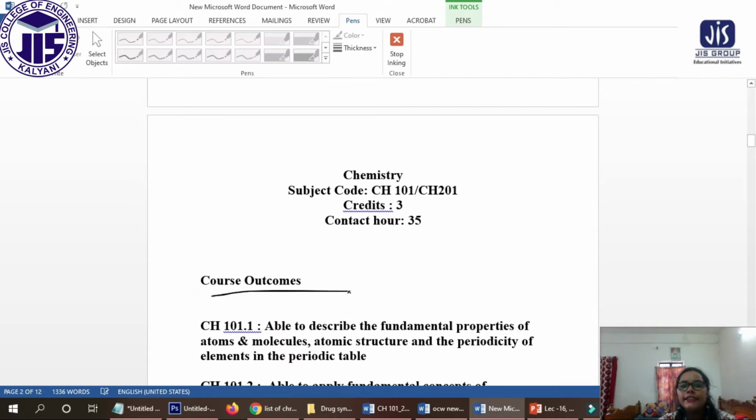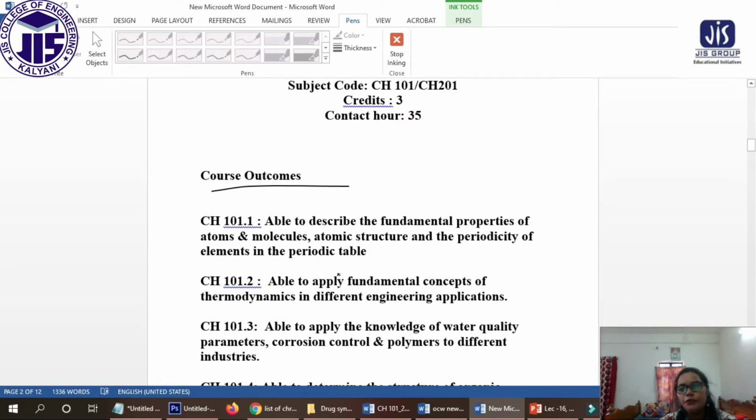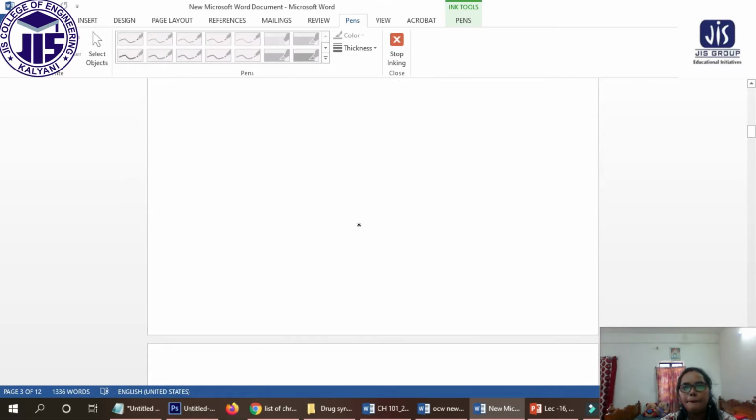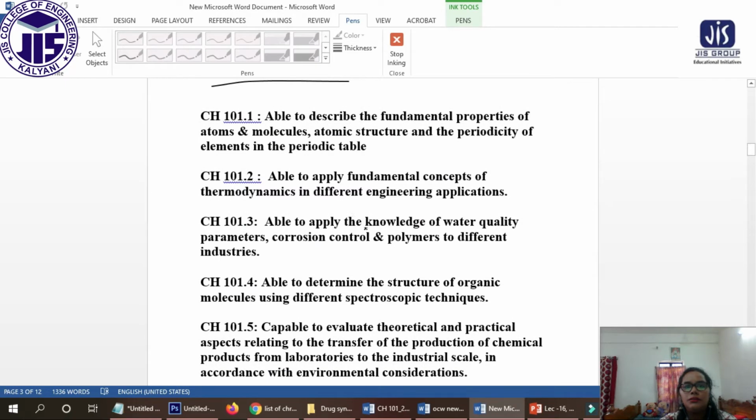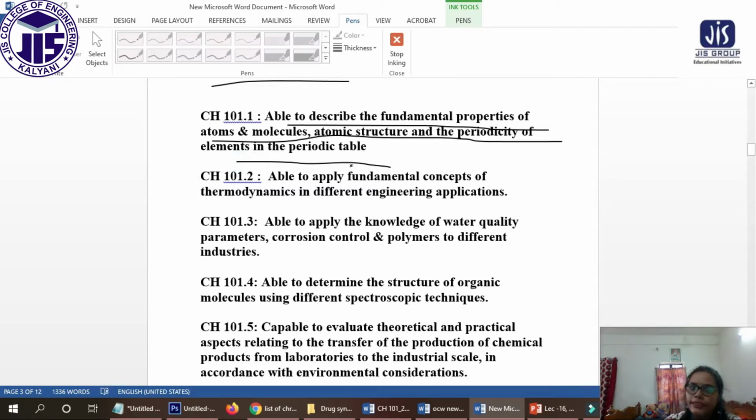Okay, so these are some of the course outcomes that we have. After finishing of this course, you can describe the fundamental properties of atoms, molecules, atomic structure and the periodicity of the elements in the periodic table.